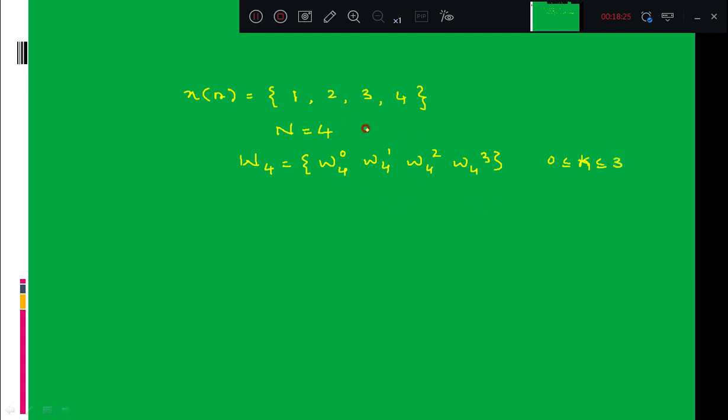Then how are these values located over the unit radius circle, that is over the z plane. So this is my z plane, and here I am taking a circle which has unit radius, 1, and this is my imaginary axis and this is my real axis, right? So here I am using circle points. This is 1, this is 2, this is 3, this is 4, right?